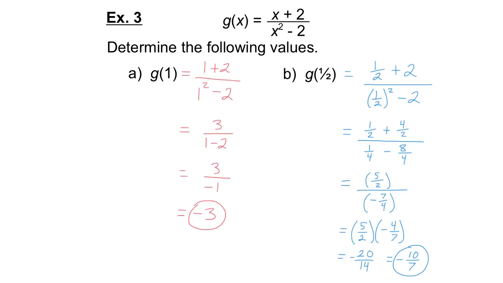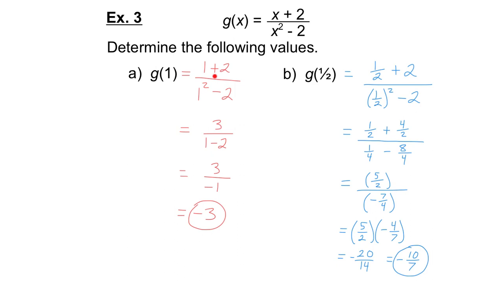We follow the same format as before. If x is 1, replace x with 1 wherever you see it. Now do the calculation. Follow BEDMAS. This fraction line means division, but we're dividing the entire numerator by the entire denominator.